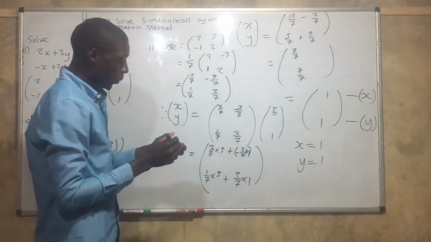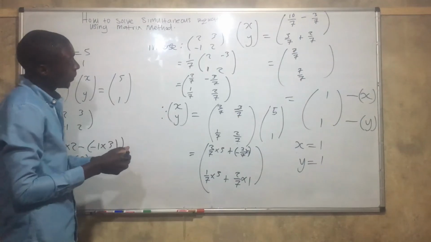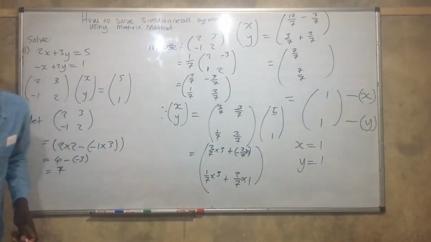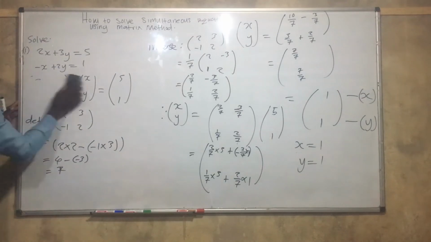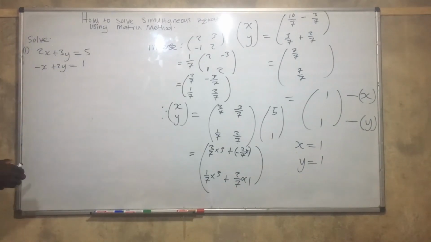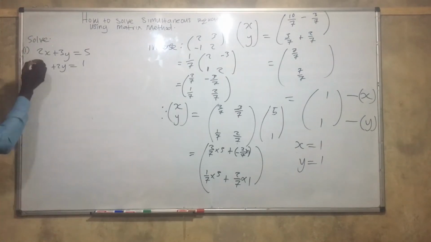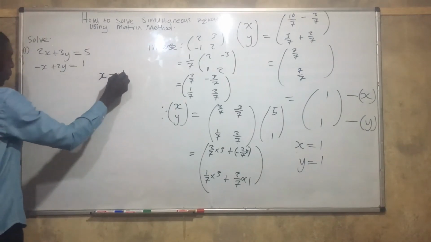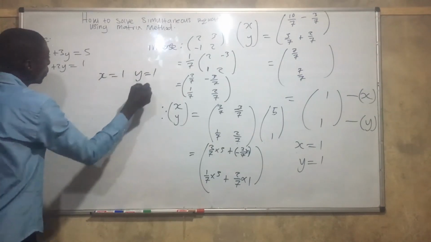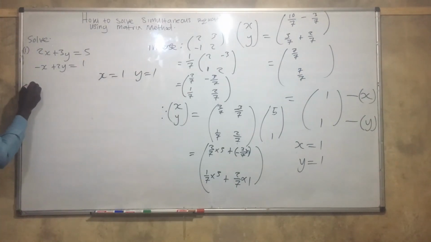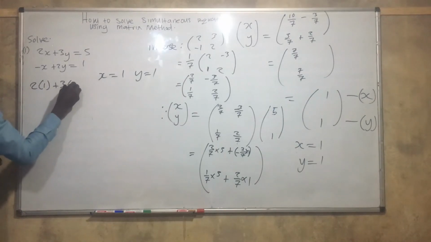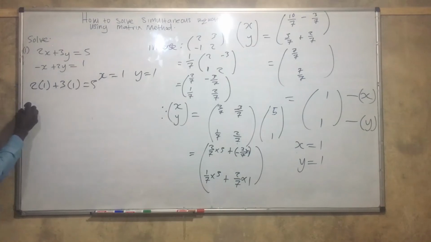We can check whether x is equal to 1 and y is equal to 1. We go to the original equation and replace x with 1 and y with 1. In the first equation, 2 multiplied by 1 plus 3 multiplied by 1 should give us 5.